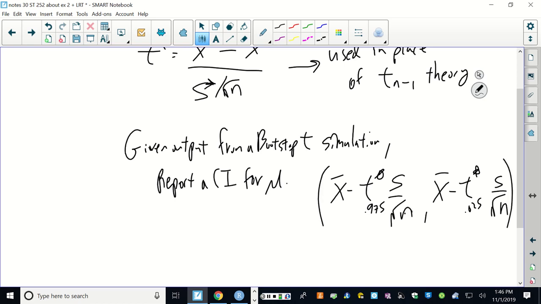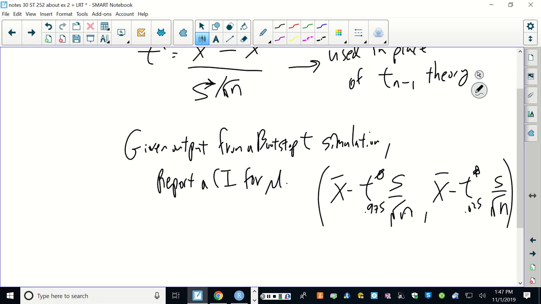So if I gave you x bar, s, and n, you'd probably have those values from just doing the ordinary procedure, right? And then if I showed a histogram of the t stars, you could pick out a couple points, or maybe I would give you some cutoff values, right? And you could take that and then make an interval for it.